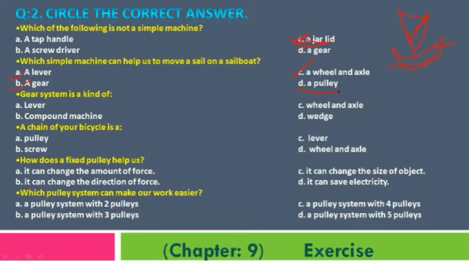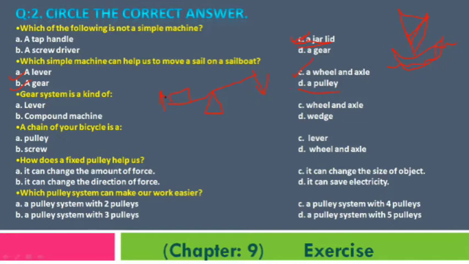The answer is a pulley. Okay, the next one, gear system is a kind of what? Lever? This is not a lever, this is a lever. A lever is like a wedge on which we can place a board, and we put the heavy load here, and we pull this down with the effort, and this will move upward.